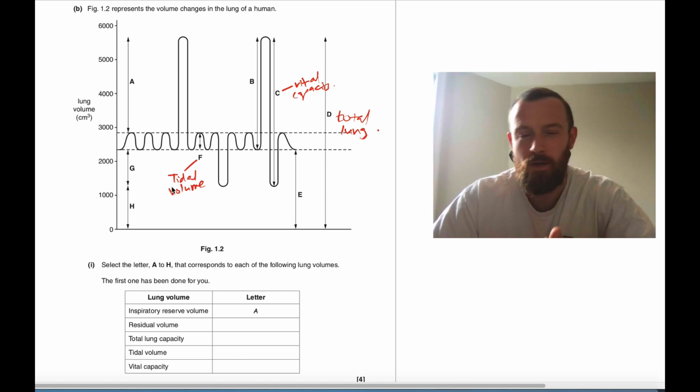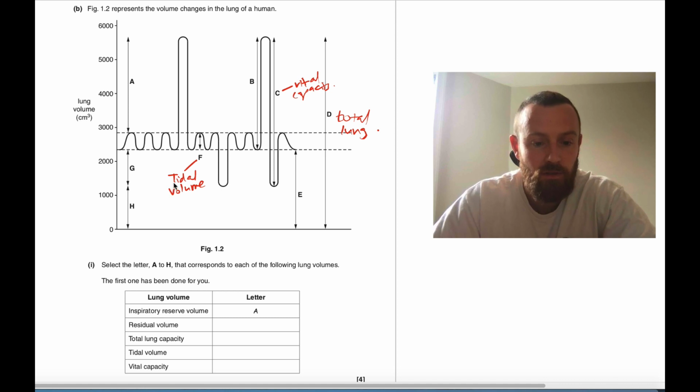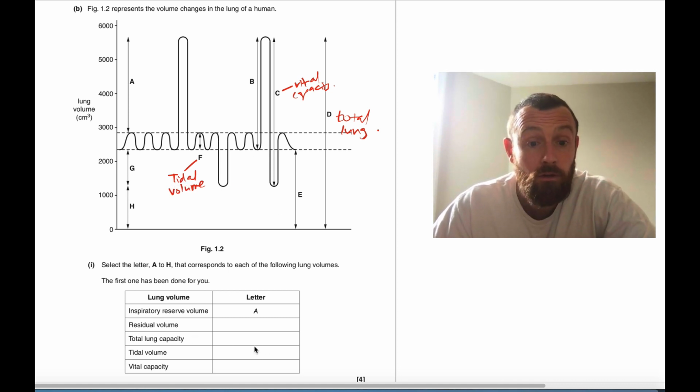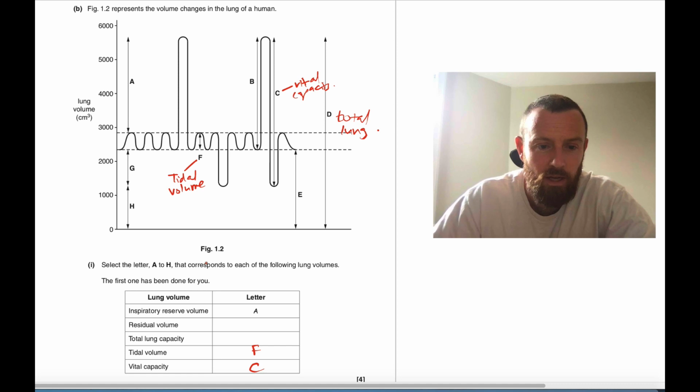It's just your normal standard breath volume in and out. So tidal volume is F. Vital capacity is C. Residual volume, okay, that's H.